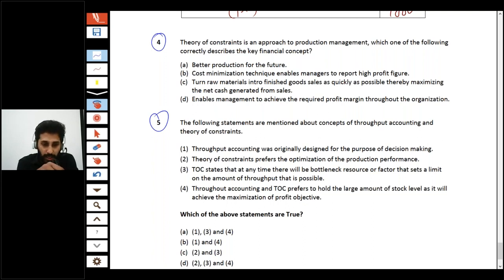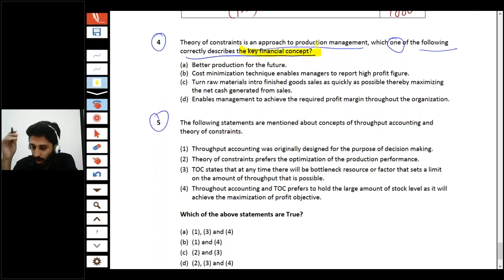Theory of constraints is an approach to production management. Which one of the following correctly describes the key financial concept? Will you please go through all these options?